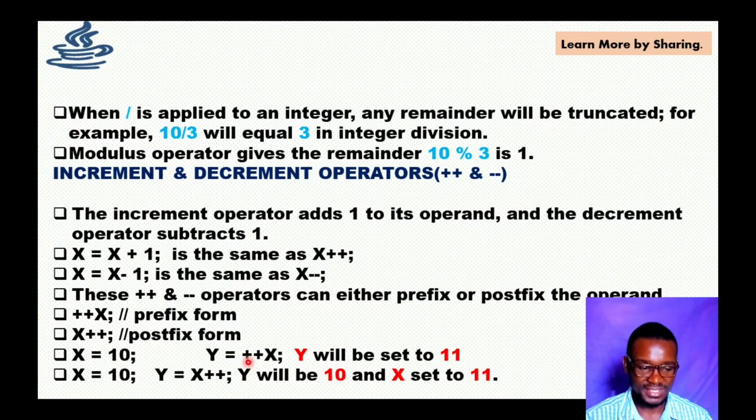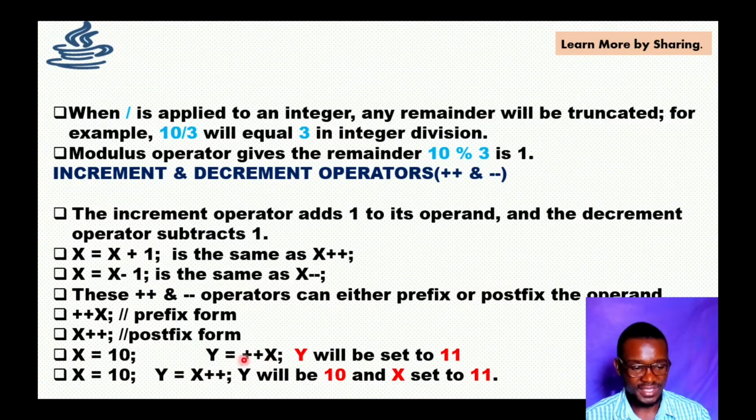So by using the prefix form, let's say you have x, which is assigned the value of 10, and you have y. These are variables, and you want the value of y to be an increment of the value x.